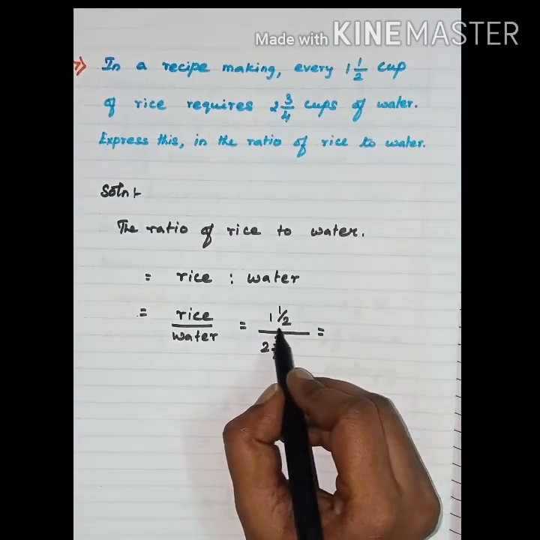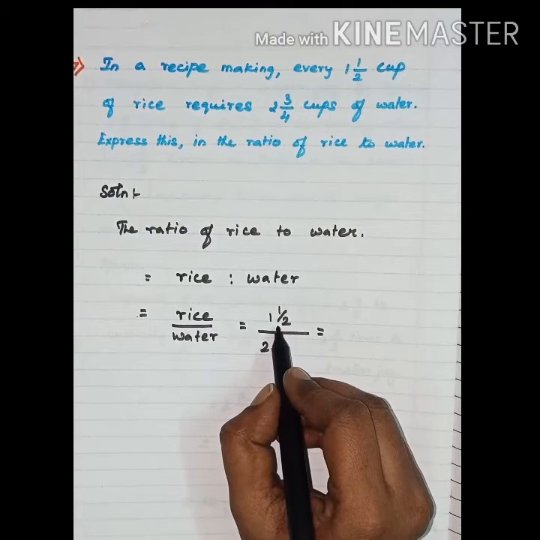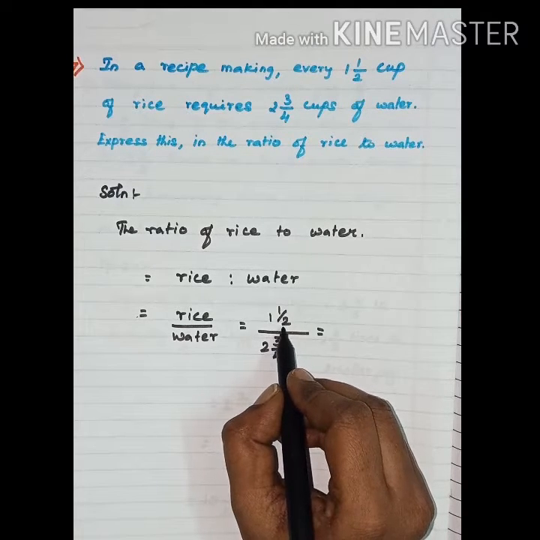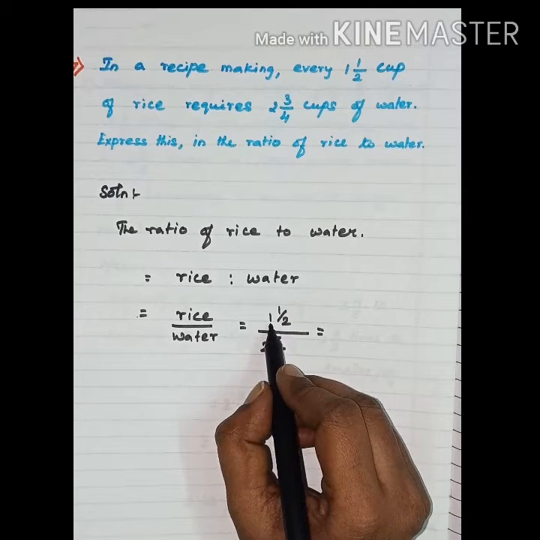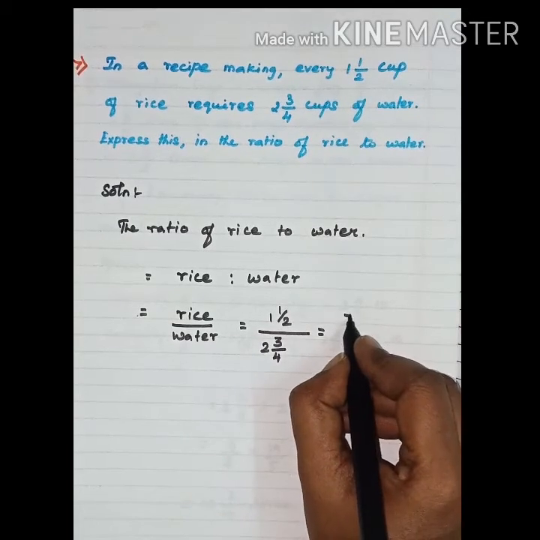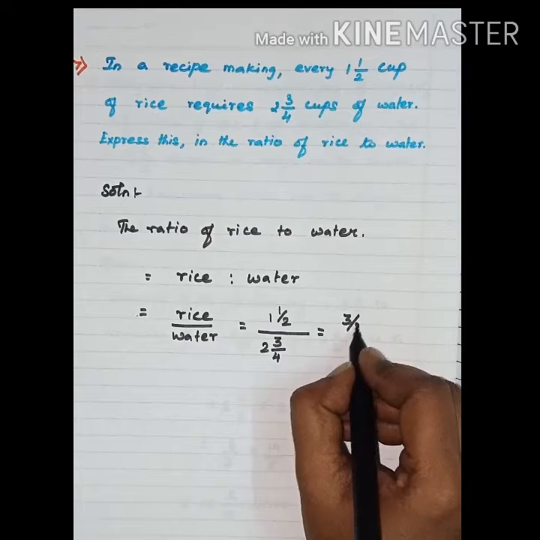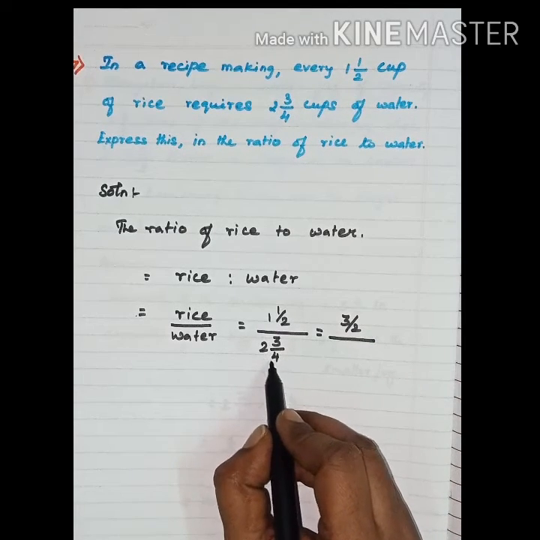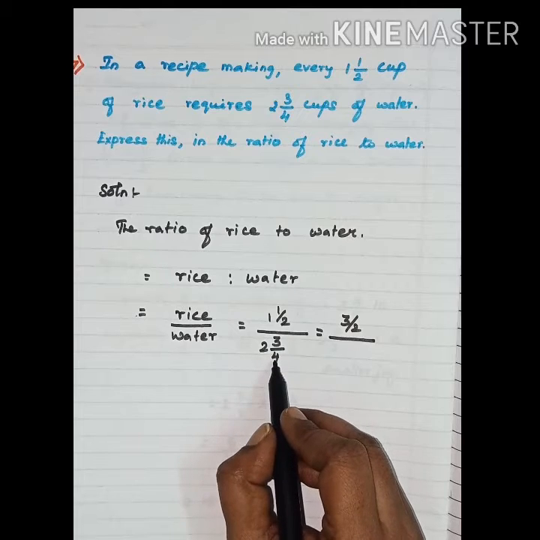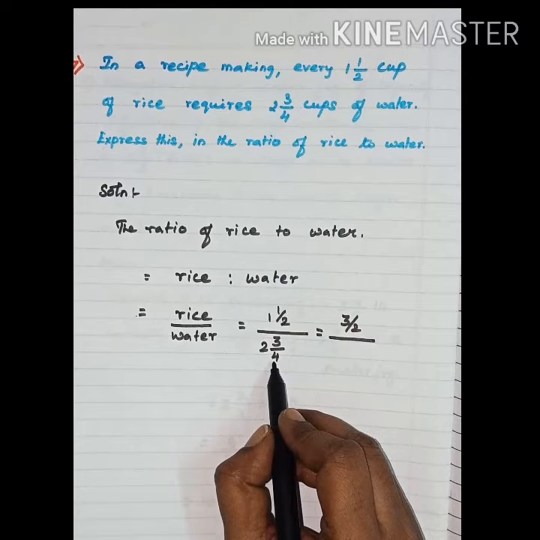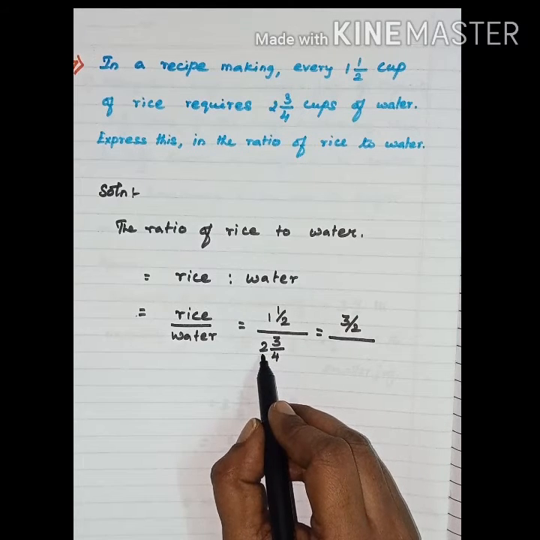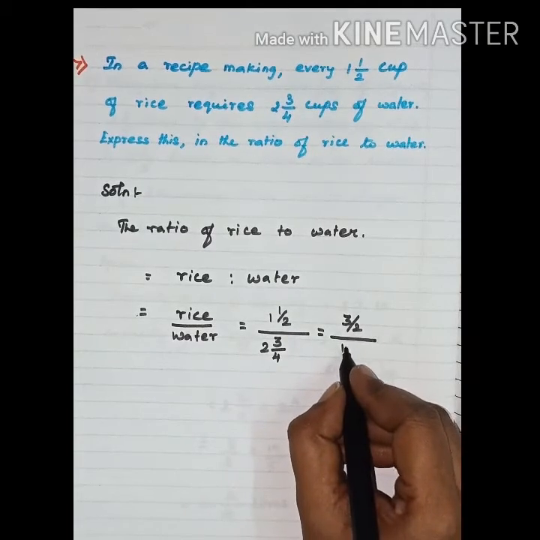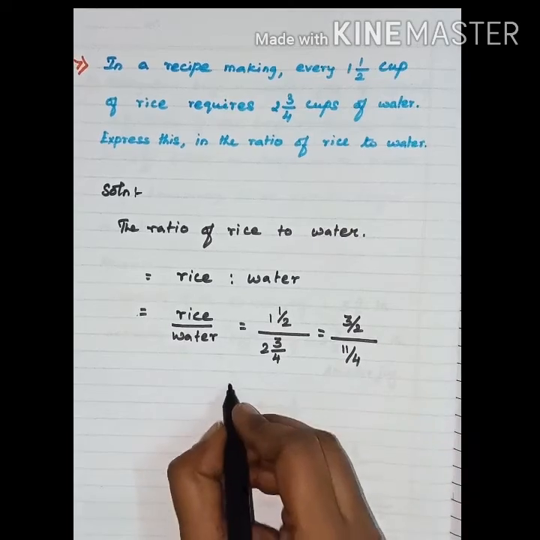Now it is in the form of mixed fraction. Convert the mixed fraction into improper one. 2 ones are 2. 2 plus 1 is 3/2, which is divided by 2 3/4 can be written as 2 4s are 8, 8 plus 3 is 11/4.